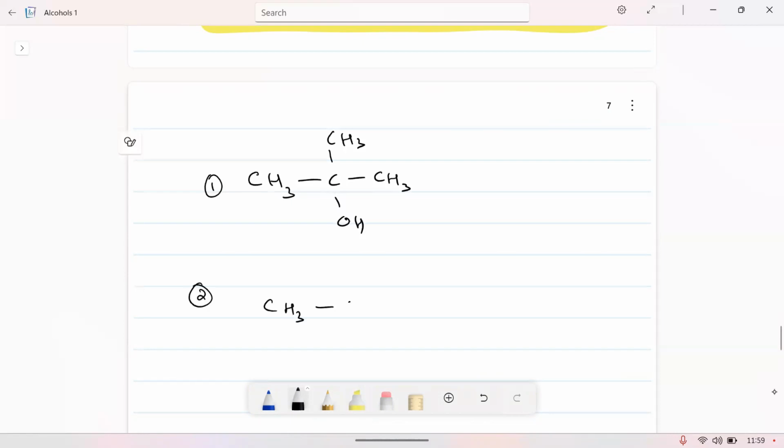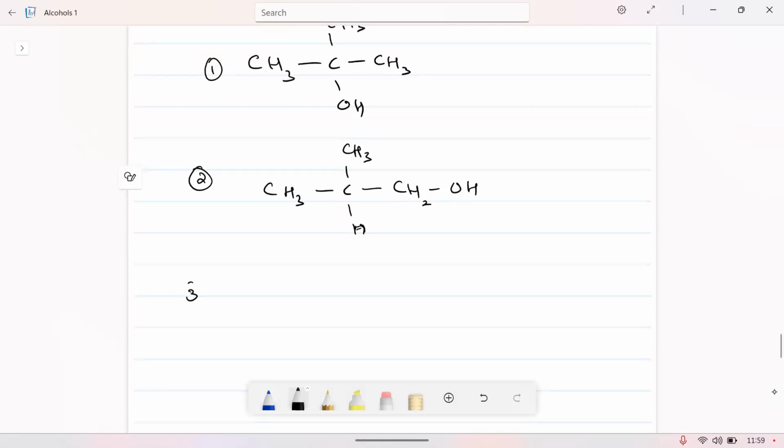Now, if you compare, let us say, I'm comparing the boiling points of these, all of them have the 4 carbon atoms, all of the same.